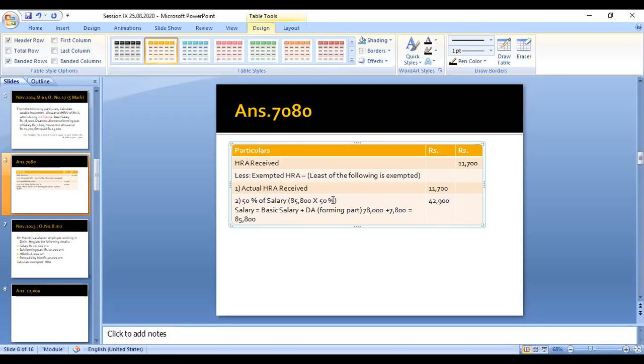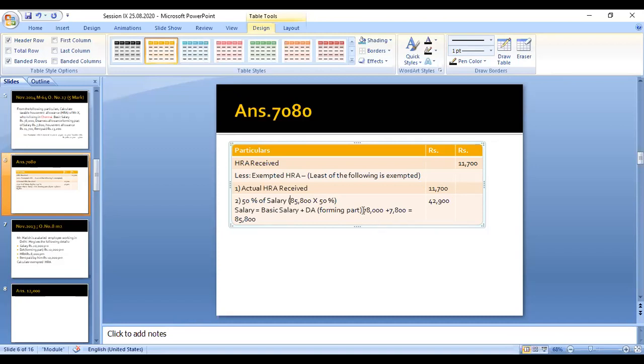That is called 50 percentage of salary. What is salary? Salary means basic salary plus DA. If it is given as forming part of the salary, that DA should be taken. If it is not given, not forming part of the salary, then you will not take it, as in the previous case.